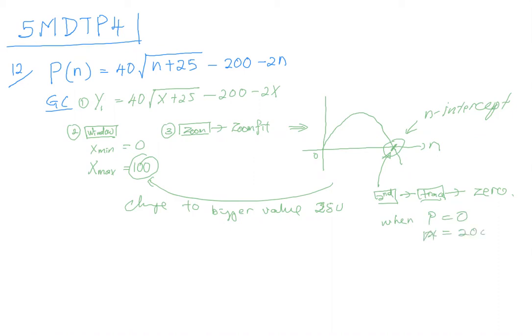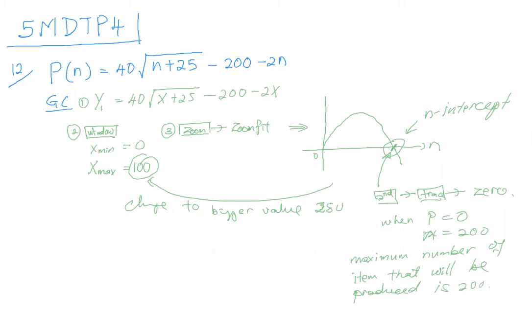Am I right? Which means that the maximum number, I'm not talking about maximum profit, I'm talking about maximum number of items that will be produced, is 200.